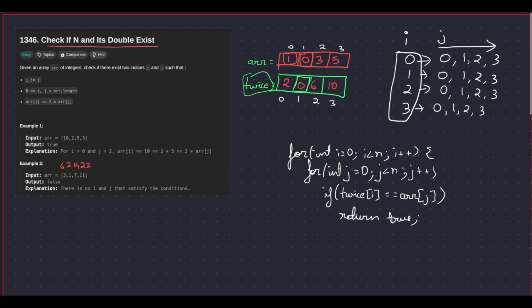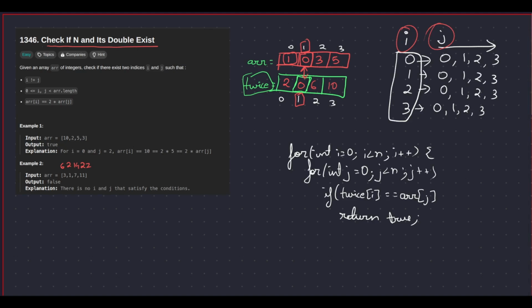And the slight modification would be something like this. As we observed, here at position 1 and here at position 1, it was the same 0, right? So if the positions of i and j are the same, we will not consider that element, we won't check it.